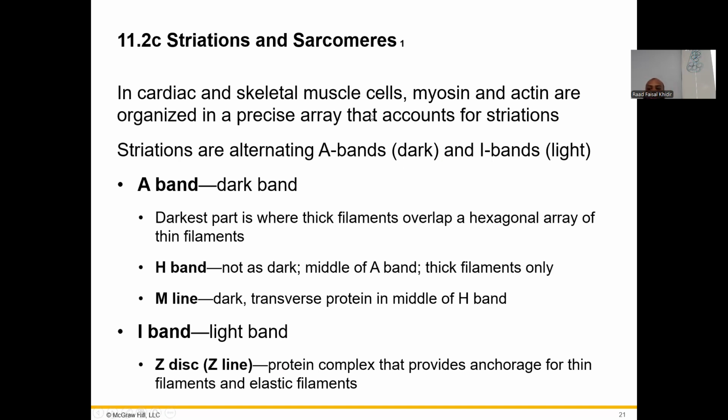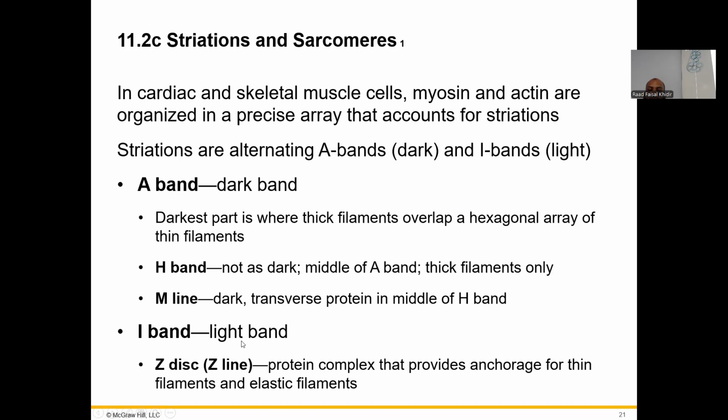The darkest part of the A band is where the thick filaments overlap a hexagonal array of thin filaments. You have the H band and the M line. We will see this more in the figure.